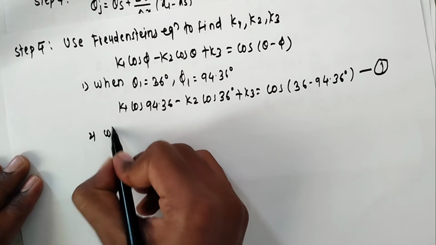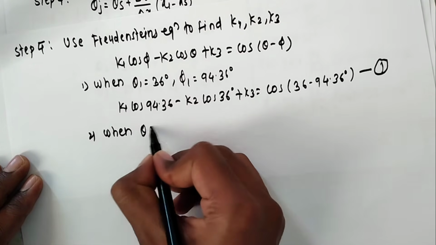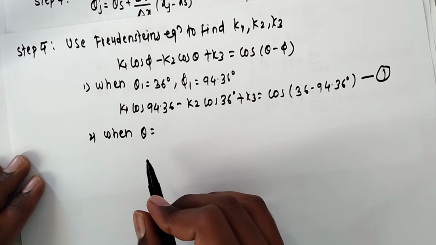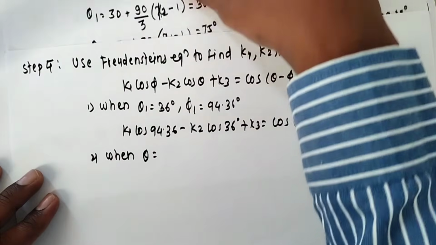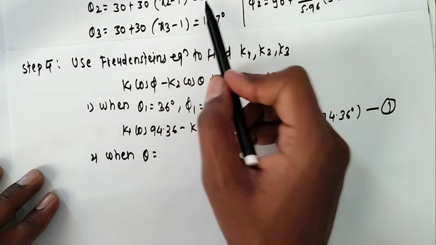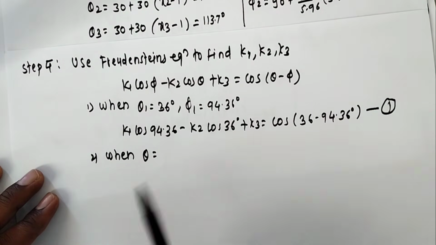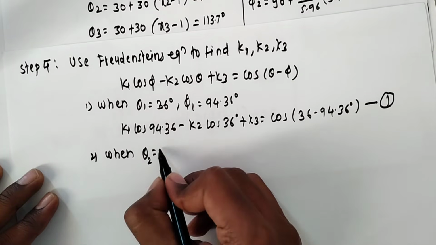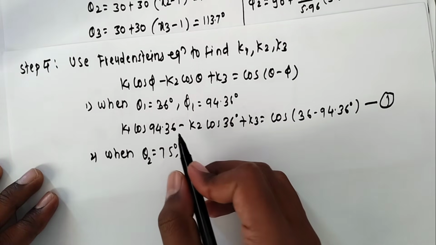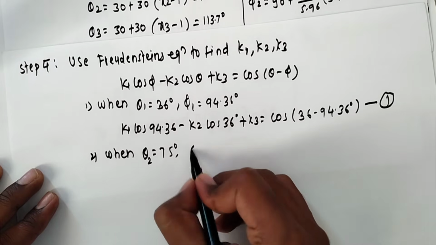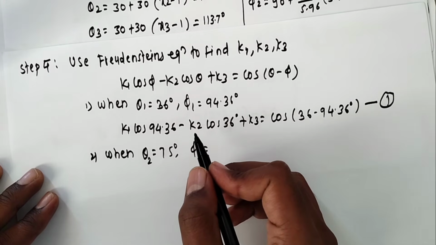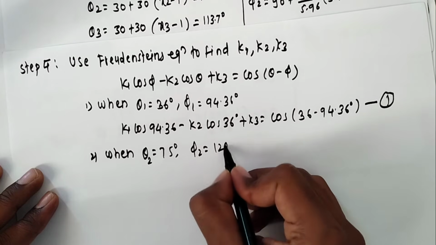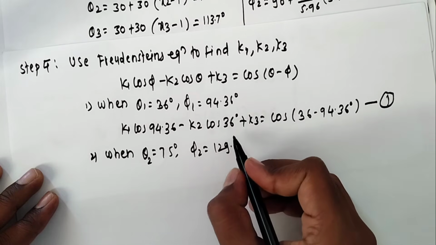Similarly, we can write the equation for the second and third positions. So for the second position, when theta 2 is equal to 75 degrees and phi 2 is equal to 129.1 degrees, you can check here also, yes, 75 and 129.